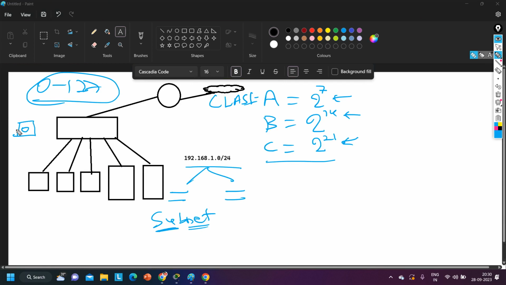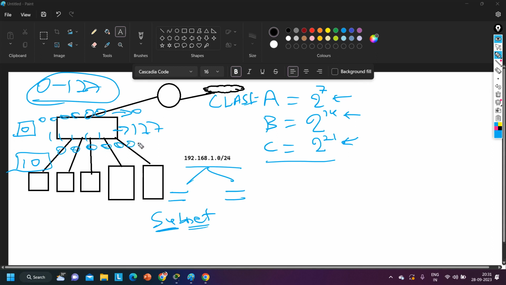So for class A, we have reserved 1 bit. The first bit will always be 0. So you have 7 free bits. If all bits are 0, then you will get the value 0. If all bits are 1, then you will get the value 127. For class B, we have reserved 2 bits. The first bit will always be 1, the second bit will always be 0. You have 6 free bits.